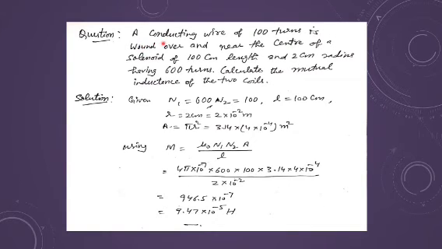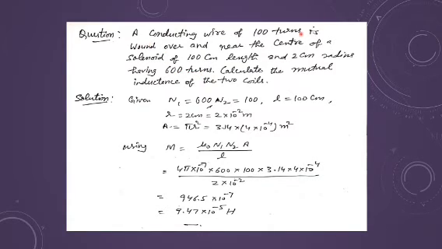A conducting wire of 100 turns is wound over and near the center of a solenoid of 100 centimeter length and 2 centimeter radius having 600 turns. I am reading it again.